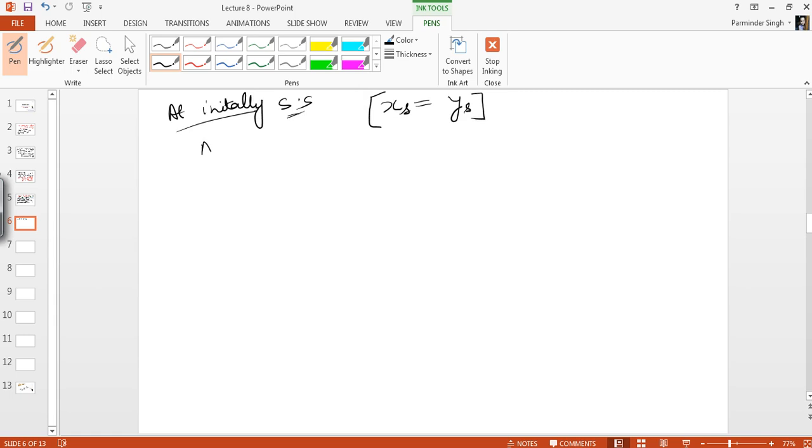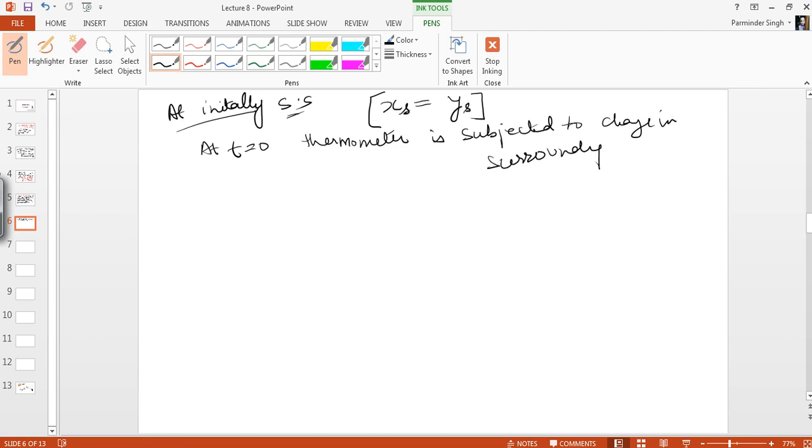Now at time t equal to 0, the thermometer is subjected to a change in surrounding temperature. That means now you have changed the surrounding temperature. So our question is, how does Y, the thermometer reading, vary when there is a change in X?